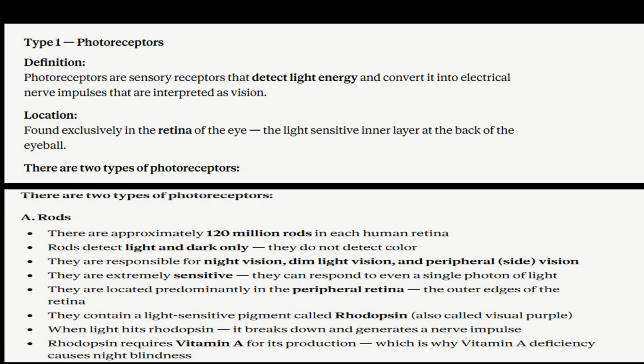Basically, when light hits rhodopsin, it breaks down and generates a nerve impulse. Okay, and rhodopsin requires vitamin A for its production, which is why vitamin A deficiency causes night blindness. So if vitamin A is not there, it will cause night blindness.